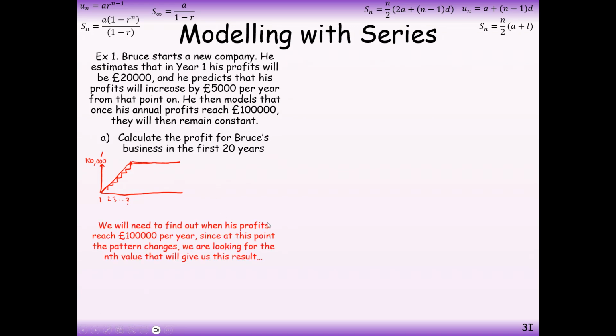So we're looking for the nth value that will tell us the profit will be equal to or greater than £100,000. We know £100,000 is a multiple of £5,000 added to £20,000. So it will start here at £20,000.